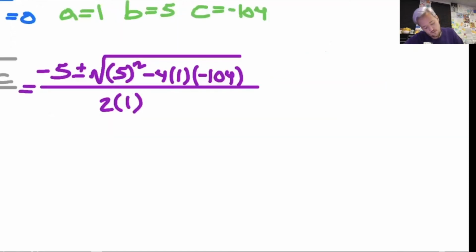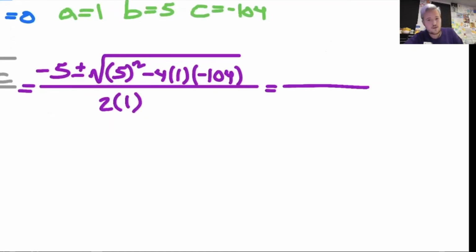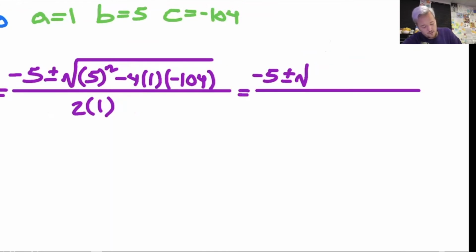All right, so over here, now we're going to start solving that discriminant. So we're going to have negative 5 plus or minus the square root. So 5 squared is going to give you 25. And then negative 4 times 1 times negative 104 is going to give you a positive 412. Nope, 416. Math is really hard. So just in case, 4 times 104, 416.